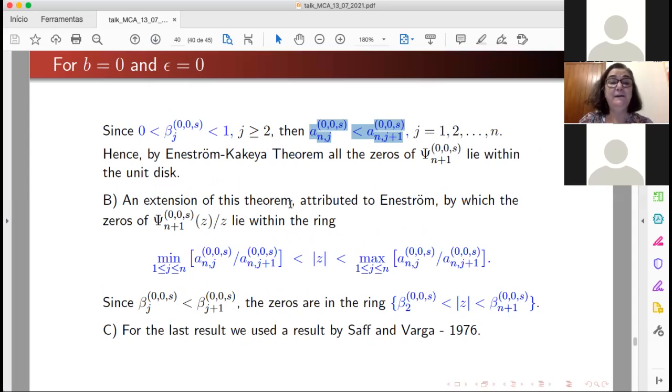Also, an extension of this theorem, also attributed to Eneström, tells us that if we remove the z, the zeros of this polynomial lie in this ring. Since we have this range, the minimum will always be beta 2, and the maximum will always be beta n plus 1.